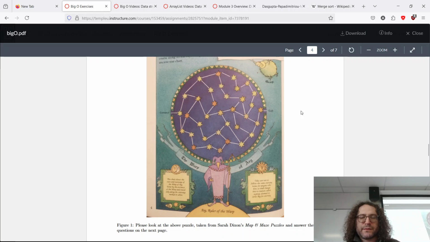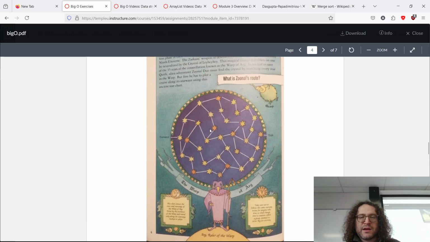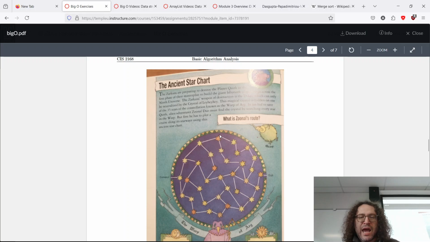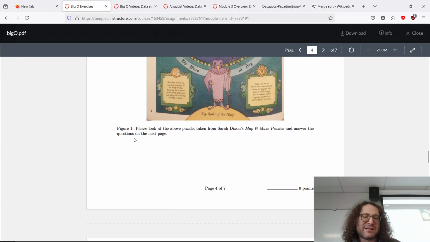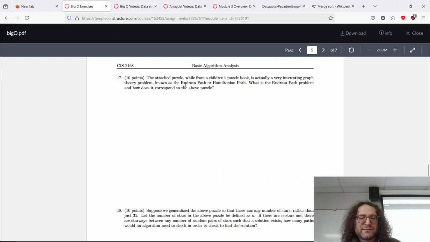This one is from a puzzle book that I really enjoyed as a kid, that has maps and mazes. I'm asking you to go to Wikipedia or GeeksforGeeks or some other website and say, hey, what is a Rudrata path or a Hamiltonian path? They're the same thing, by the way.